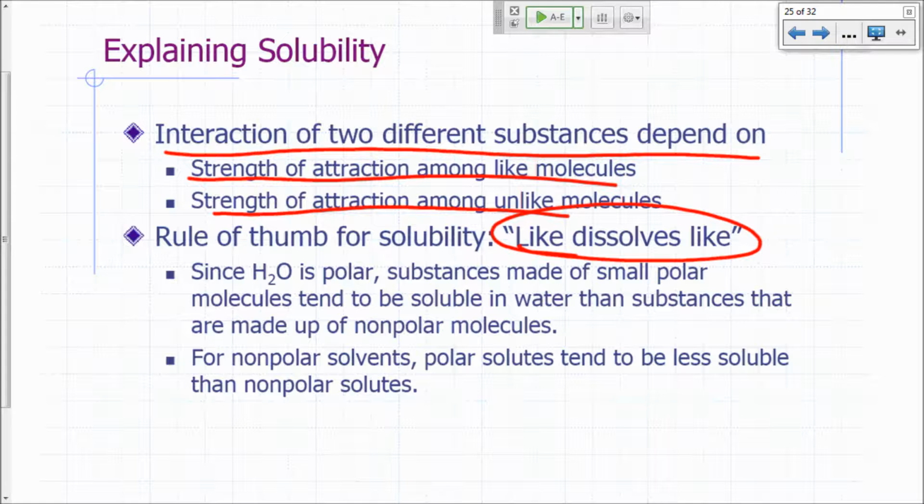Since water molecules are polar, substances that are made up of small polar molecules will tend to be soluble in water than they would be in a nonpolar solvent. Similarly, if you have nonpolar solvents, if you have polar solutes, your solute molecules will tend to stay amongst themselves rather than interact and mingle with those nonpolar molecules of the solvent. So like dissolves like.